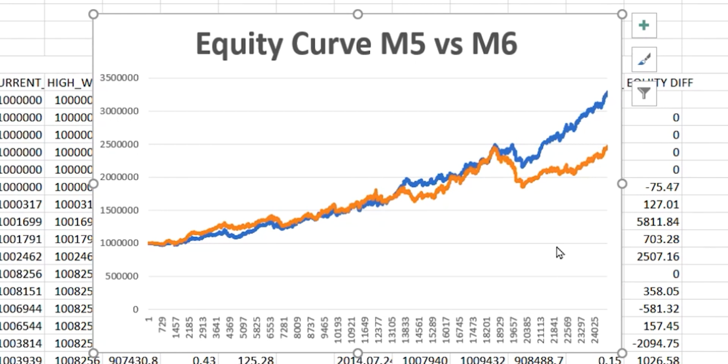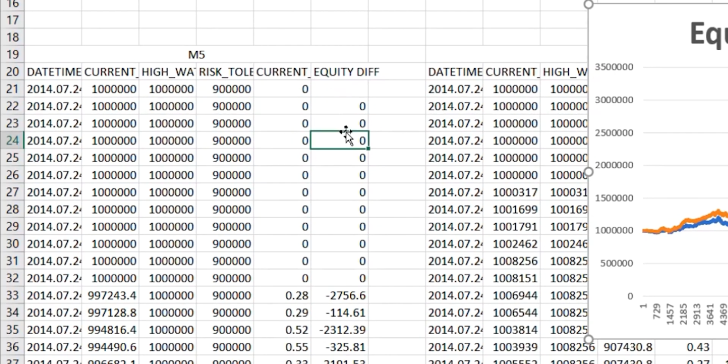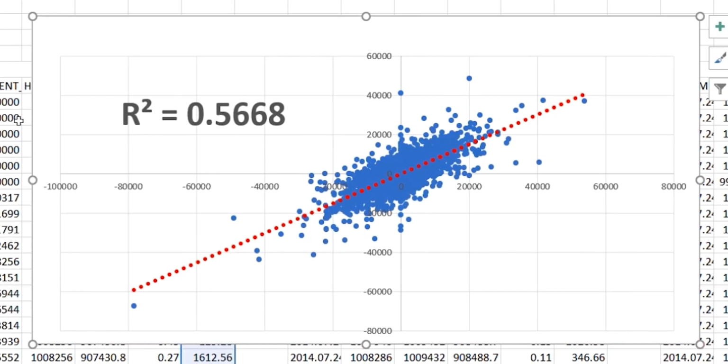And to do that, we use a similar concept where we look at the equity difference. And as you can see here, whatever happens to the equity over a set period of time is the value that we'll use in our calculation. And when we do that for each time frame, we can then plot those values in a scatter plot as shown. So every dot that's in this top right hand quadrant is a period of time where both equity curves moved up.